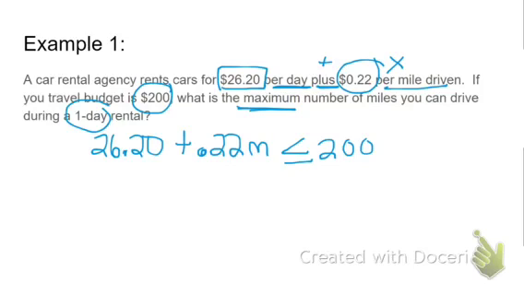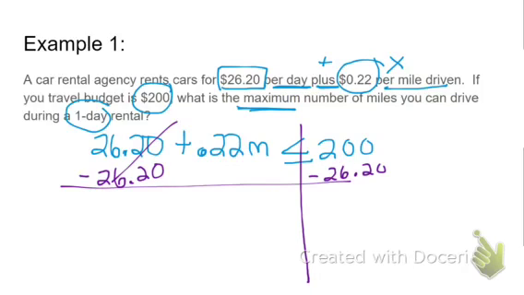And then, just like any other thing, we solve that like normal. Okay? We want to get the letter by itself, so we're going to subtract that $26.20 on both sides. And we are left with 22 cents per mile has to be less than or equal to $173.80.